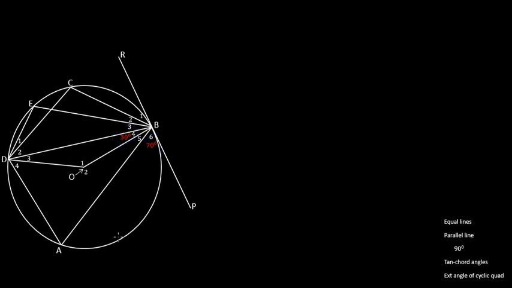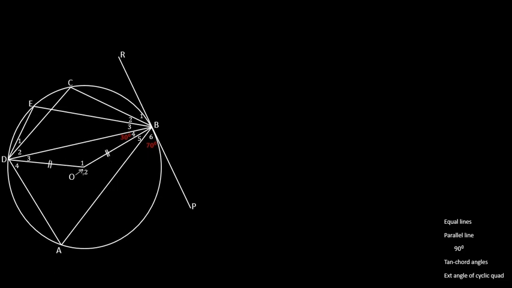Now, before applying the one thing leads to another strategy, we'll have to check for equal lines. Are there any equal lines on the diagram? Yes, remember OD is a radius and OB is a radius, so these two are equal.